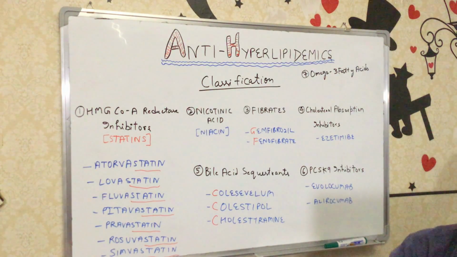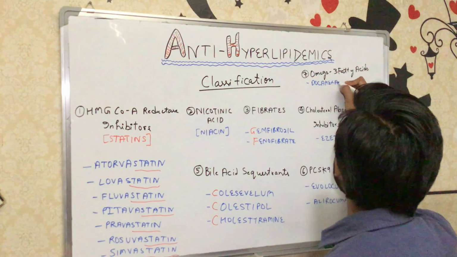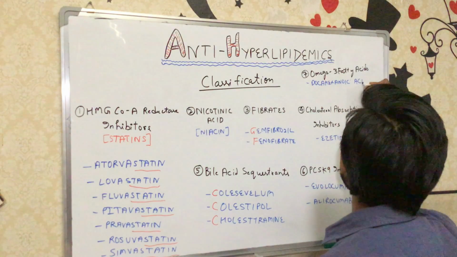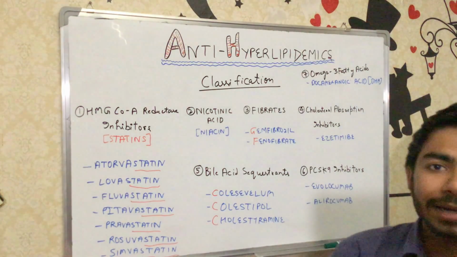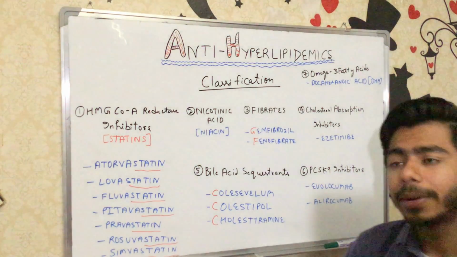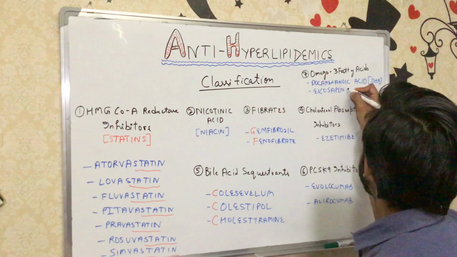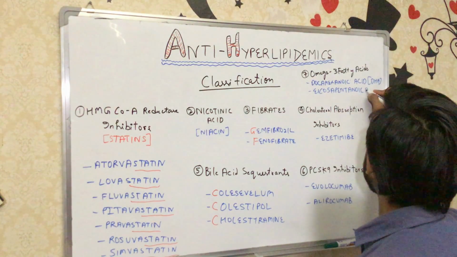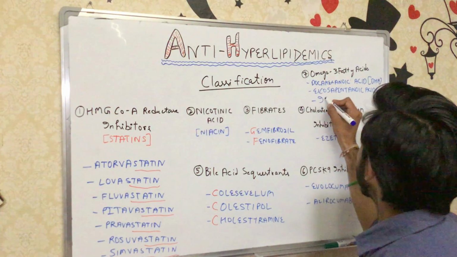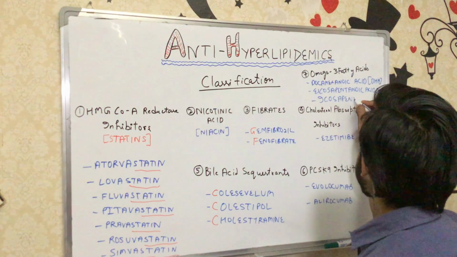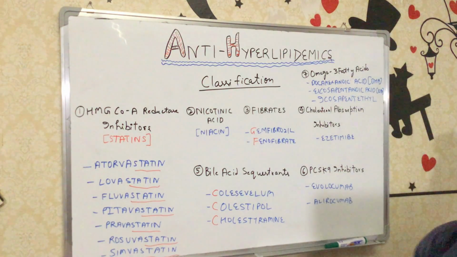Here we have docosahexaenoic acid, also DHA, eicosapentaenoic acid, also EPA in short, and icosapent ethyl. These are the three drugs which we consider under the category of omega-3 fatty acids.